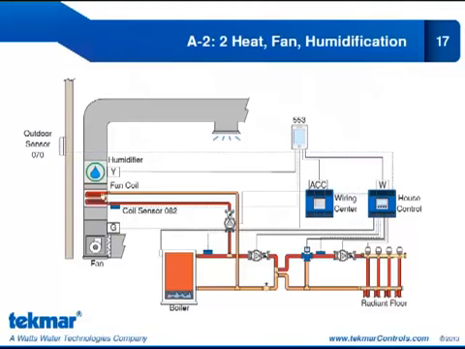You'll notice here the coil sensor 082. Now this is an optional sensor that we could use in this application. And if we use the coil sensor, we can set a fan coil min setting. Now that fan coil min setting would be used to prevent cold air from blowing into the space. And we'll look at that setting more later in the presentation.